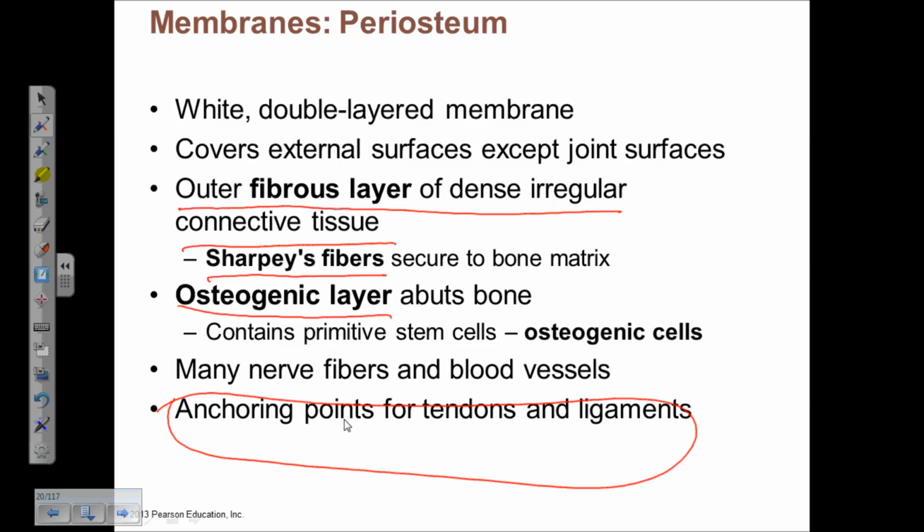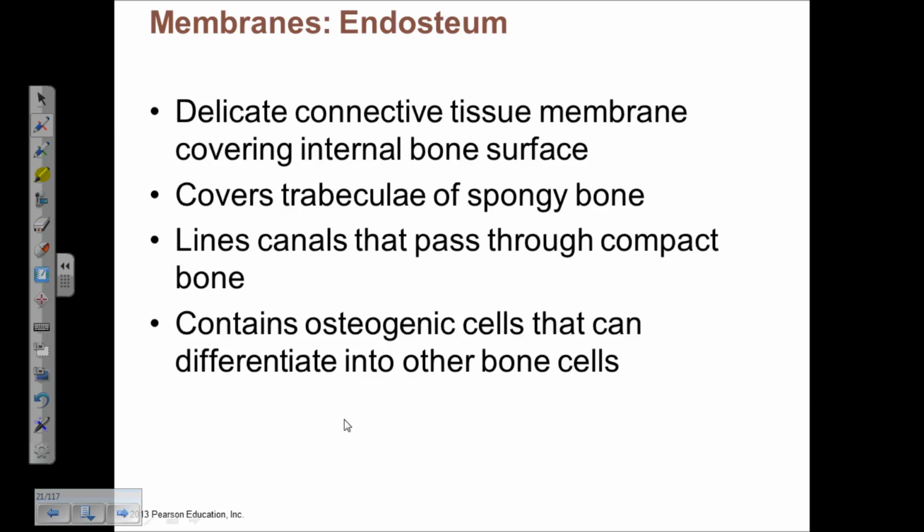Periosteum is the so-called osteogenic layer that contains osteogenic stem cells or osteoprogenitor cells. Those osteoprogenitor cells, as we will learn, give rise to cells that are called osteoblasts and are the first step in bone growth. Also, periosteum contains a lot of nerve fibers and blood vessels.